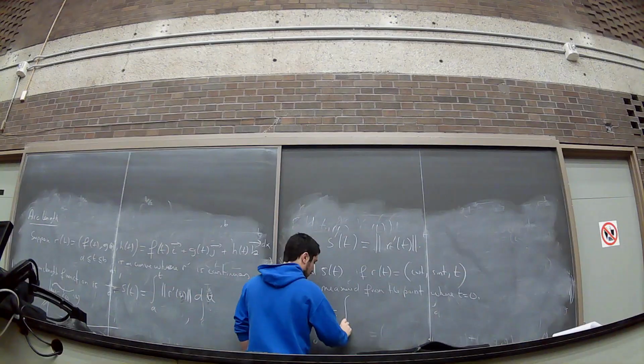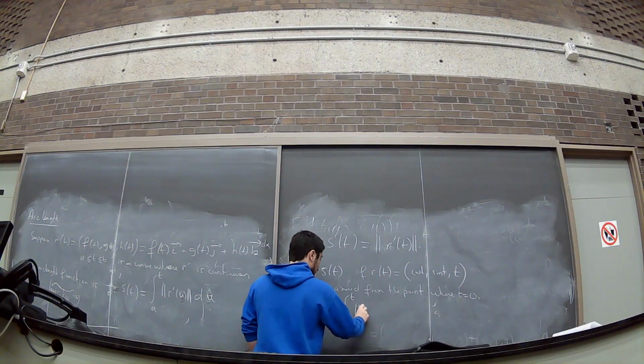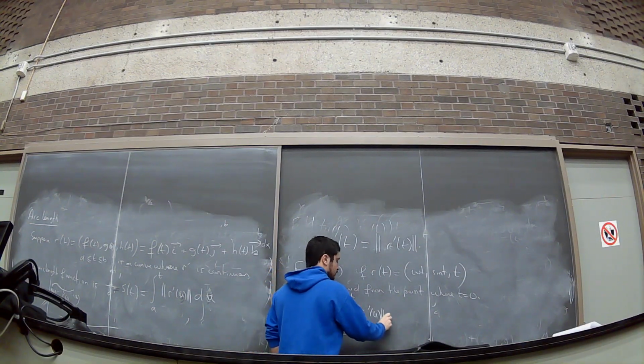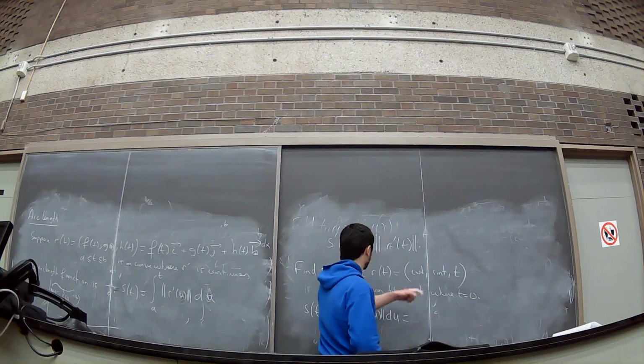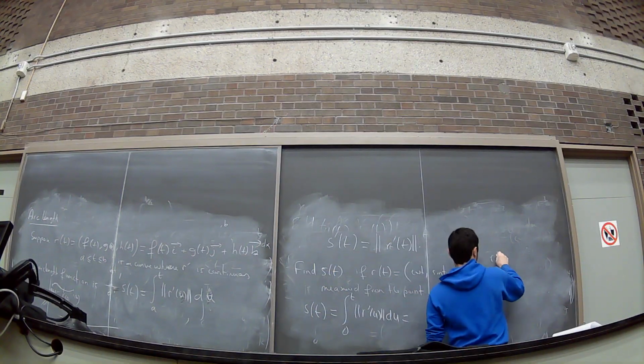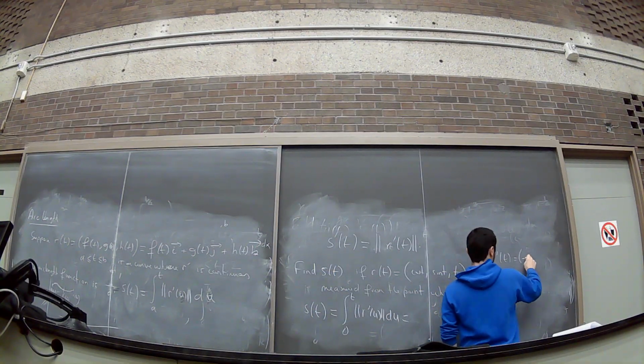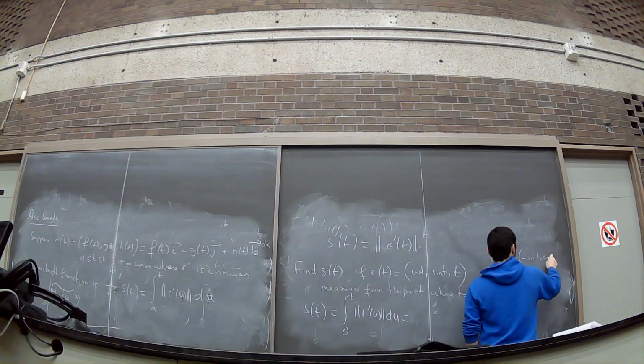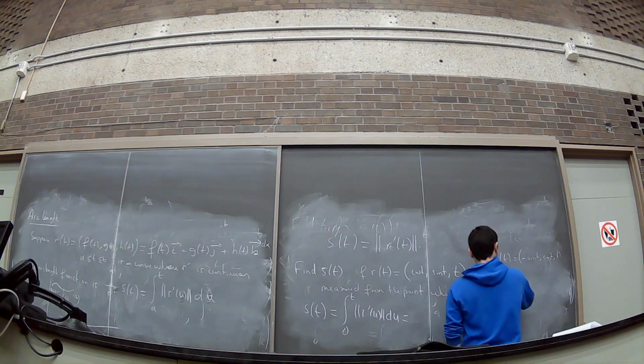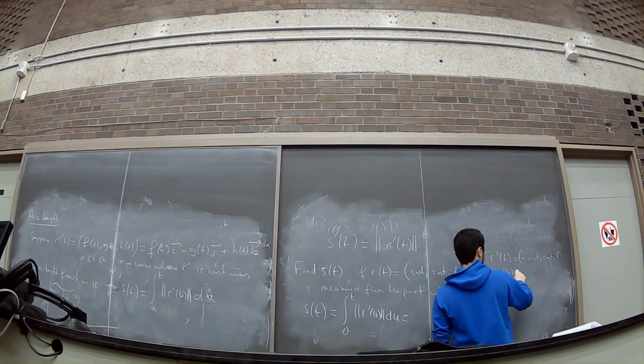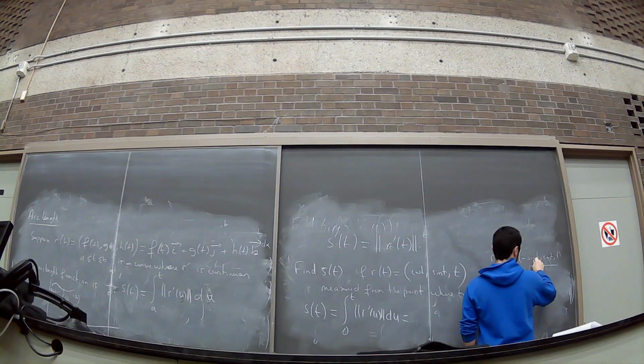S of t will be the integral from 0 to t of the norm of R prime of u du. R prime of t is minus sin t, cos t, 1. The norm of R prime of t is the square root of sin squared plus cos squared plus 1.